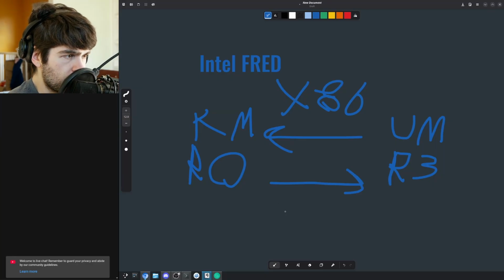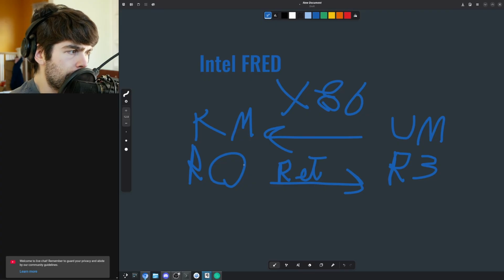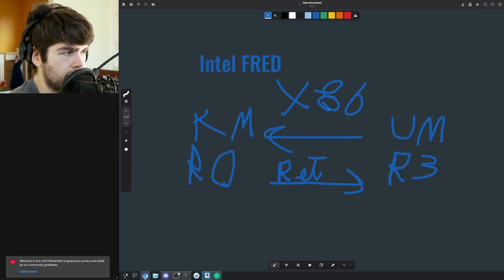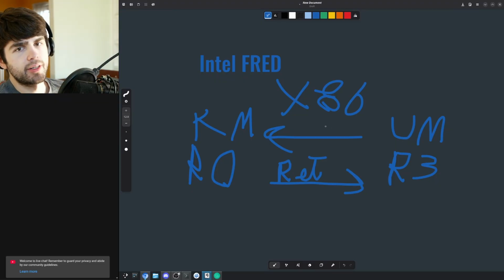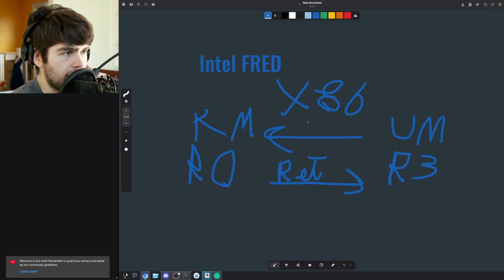Those commands are returns. And if you want to go from user mode to kernel mode, or ring 3 to ring 0, there's a couple of choices. So it can be a syscall.